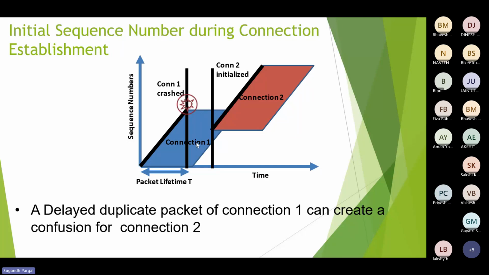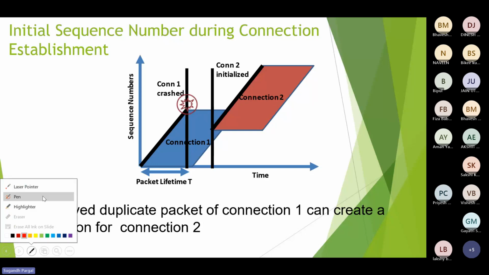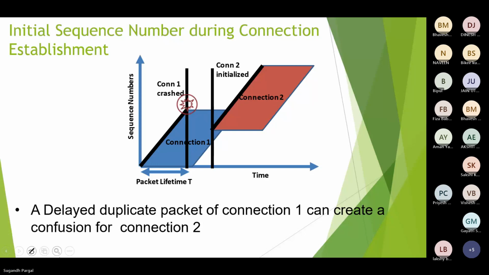So there is a lifetime which we have seen for a particular sequence number. It crashed at this point, as you can see here. There is a possibility that this is the connection timeout, and there is a possibility that the connection can be revived back.